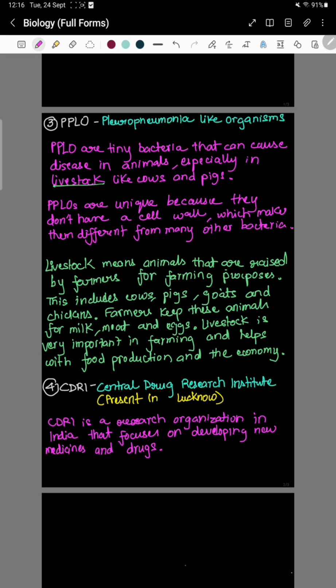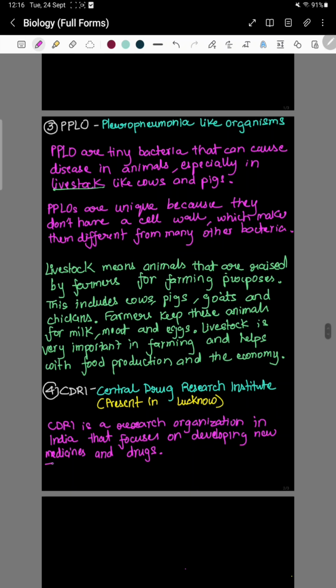Now the CDRI, the Central Drug Research Institute, works on finding ways to treat diseases and improve health.